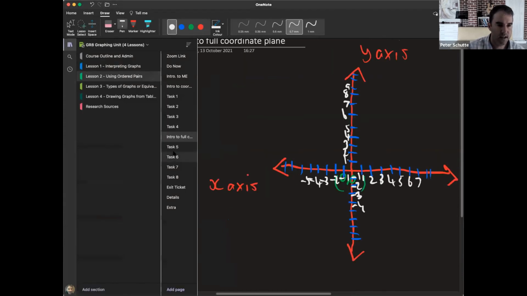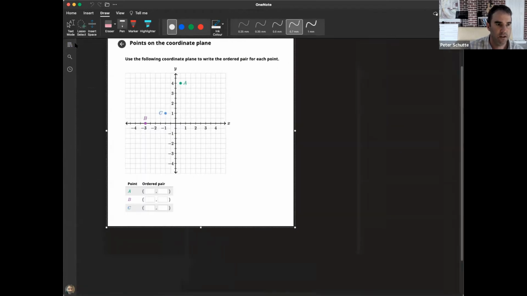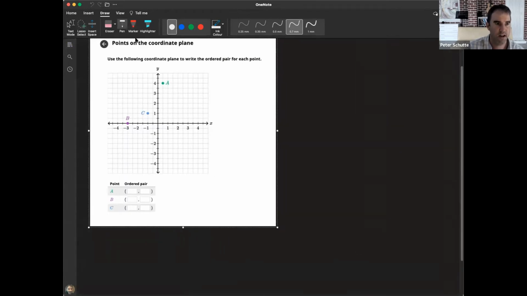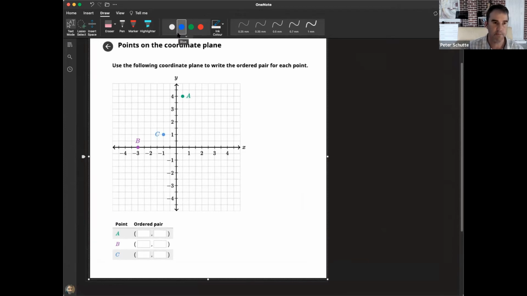So, if I give you that Cartesian plane, you'll notice that we're now starting to label our points. There's a point A, a point B, and a point C. We'll call these question 8, question 9, and question 10.